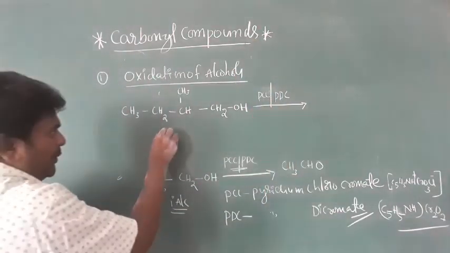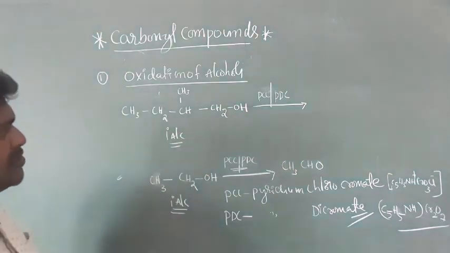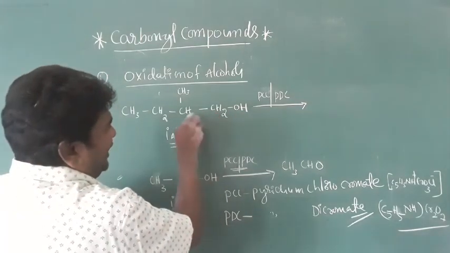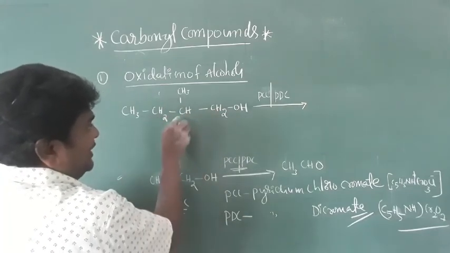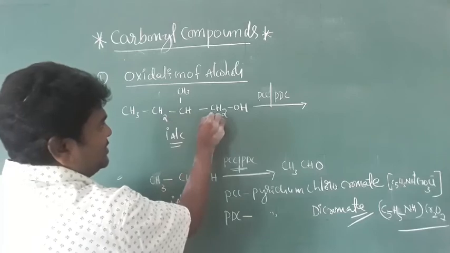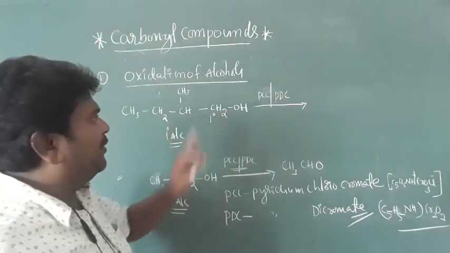It is also a primary alcohol. It is very important: you have to see here that this carbon is attached to only one carbon. The other is attached to 3 carbons, that's a different case, that is the tertiary carbon. This is the primary carbon, so we consider it a primary alcohol.